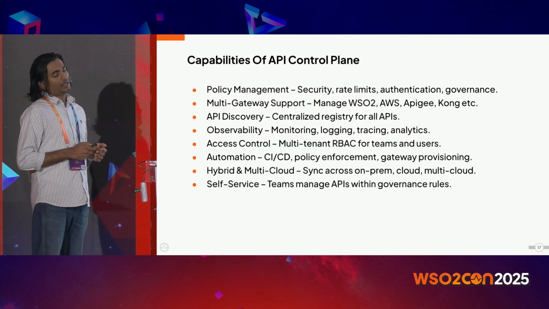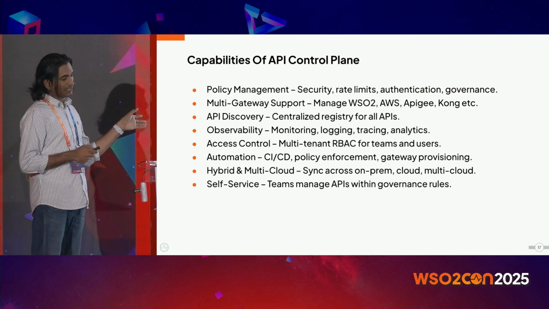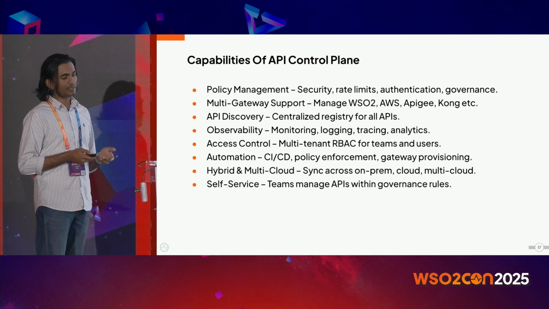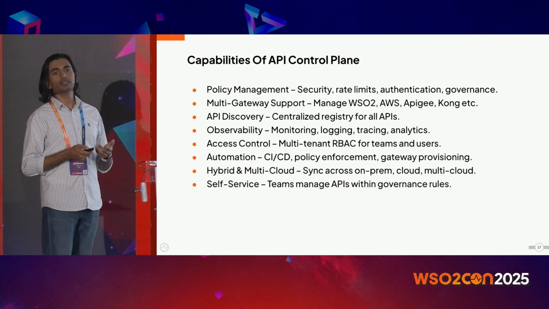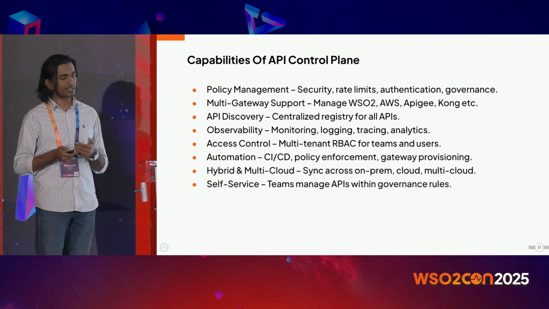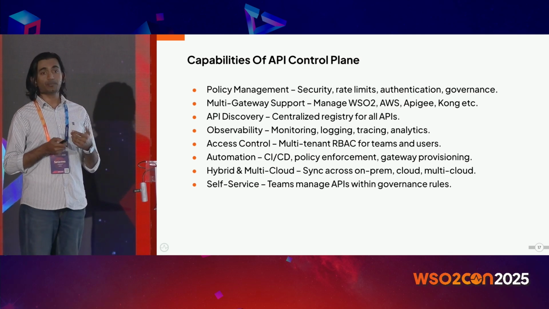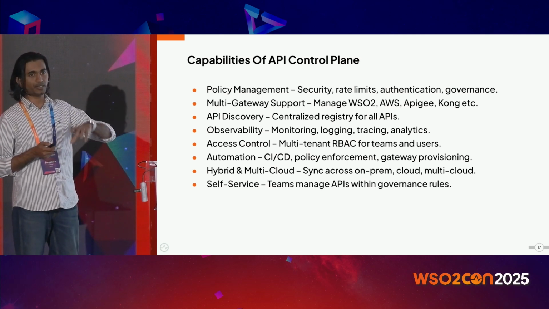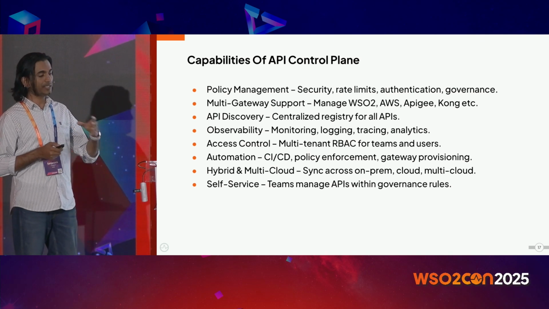Those are basic capabilities, but if you look at some extended capabilities we expect from the control plane, that includes policy management and observability, access control, automation, and the ability to support hybrid deployments where we have part of the gateways in the cloud and another part on-premise. So there can be cases like that.